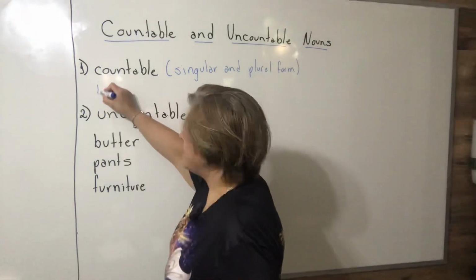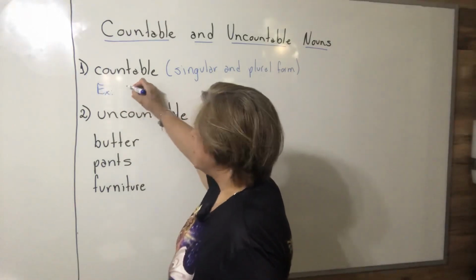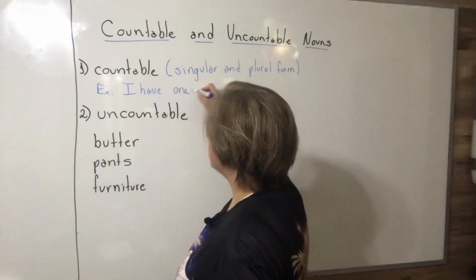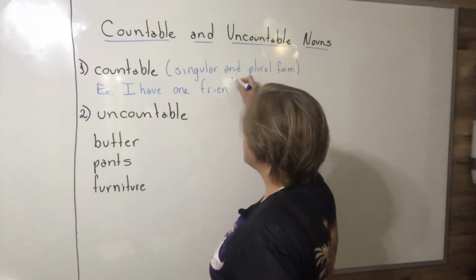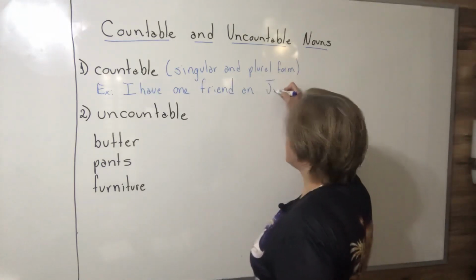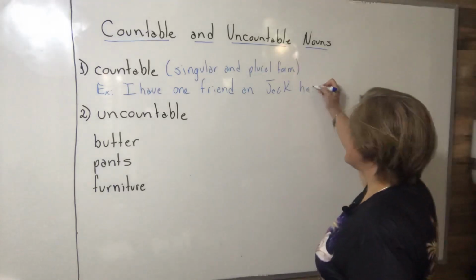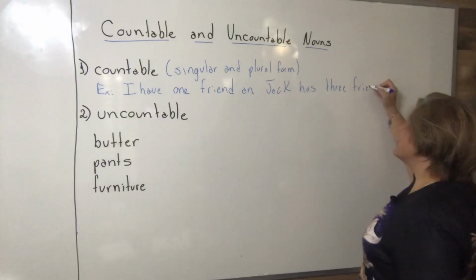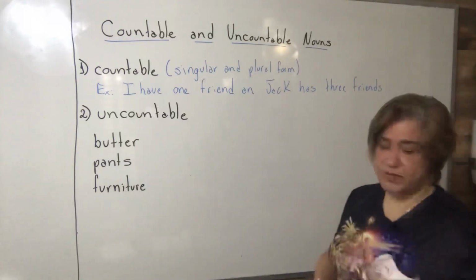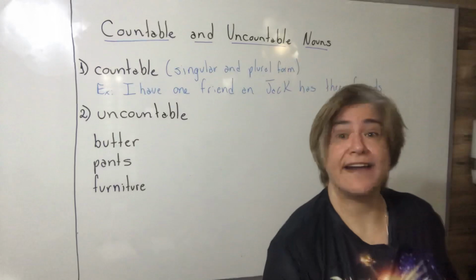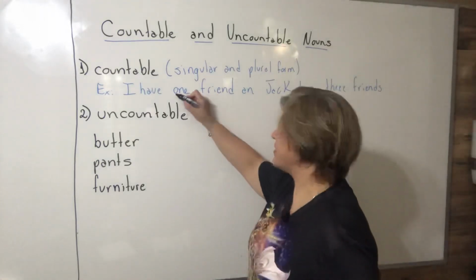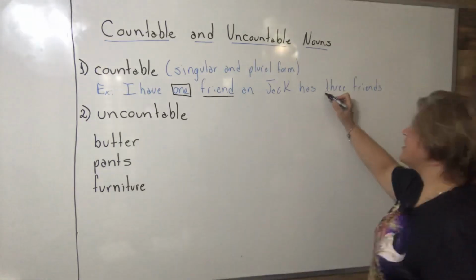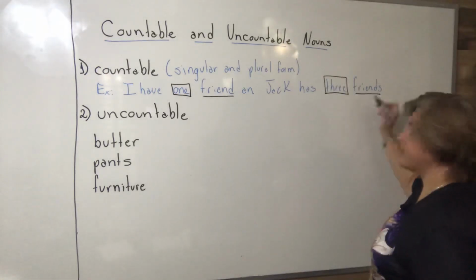So the example, I say, I have one friend and Jack has 3 friends. So, of course, the word friend is countable because I have 1 friend and Jack has 3 friends.